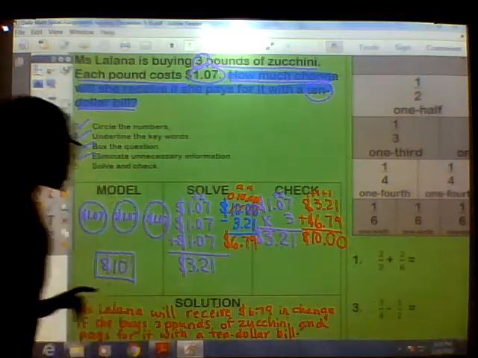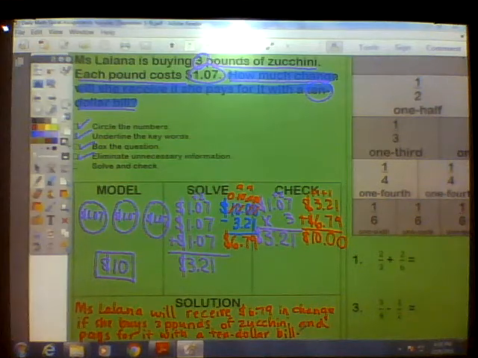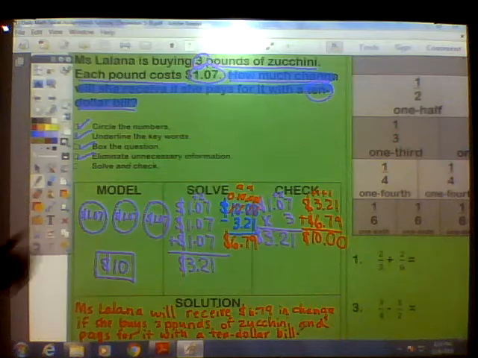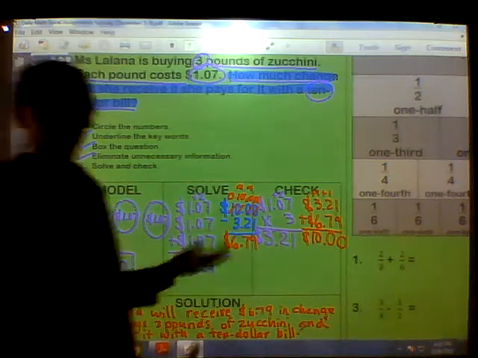Period. All right, so Miss Alana will receive $6.79 in change if she buys 3 pounds of zucchini and pays for it with a $10 bill. Bam. Make sure you have all parts of this.